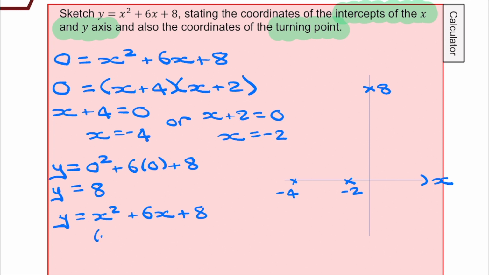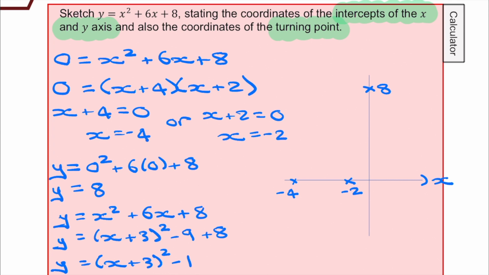So that's going to give me a positive 3. Then I take away that 3 squared, and I've got the positive 8 still there. Final step, just simplify the minus 9 with the positive 8, which will give us a minus 1.